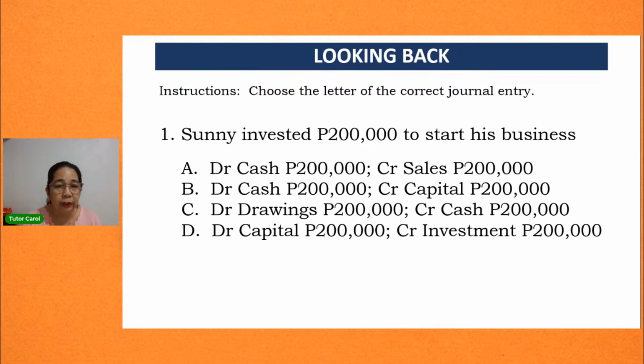Is it A, debit cash 200,000, credit sales 200,000, B, debit cash 200,000 and credit capital 200,000, C, debit drawings 200,000 and credit cash 200,000, and D, debit capital 200,000 and credit investment 200,000. So you choose the letter of the correct journal entry.